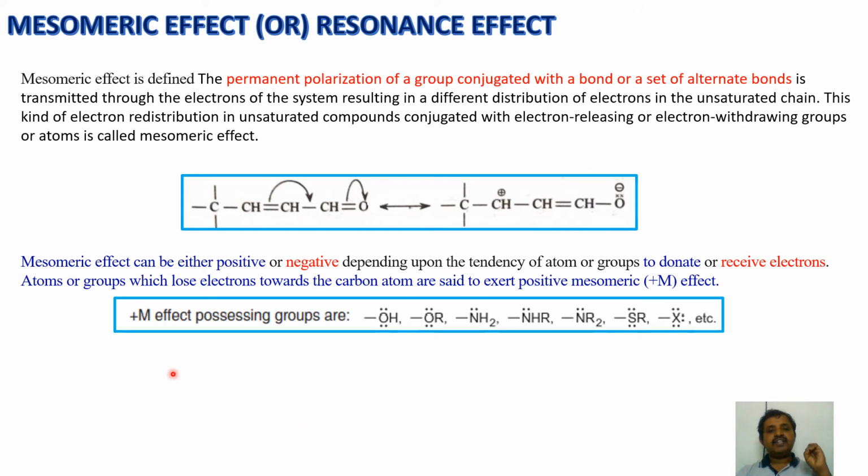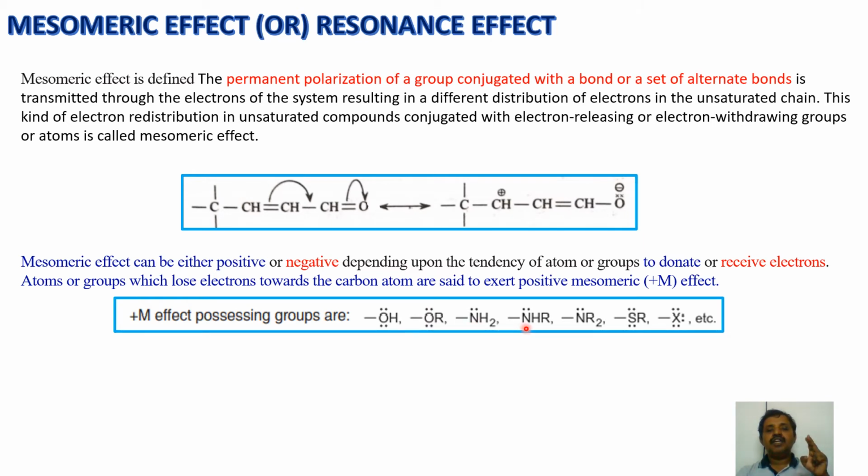The plus sum effect possessing groups are these. Here you can easily identify the plus sum effect groups. Whenever any species has an atom with lone pairs, you can see here oxygen has two lone pairs. The epoxide has oxygen with two lone pairs, and nitrogen also has one lone pair.